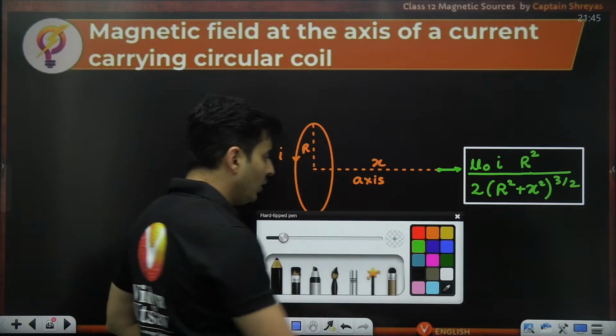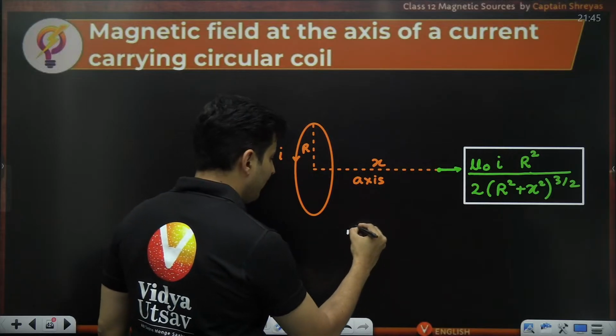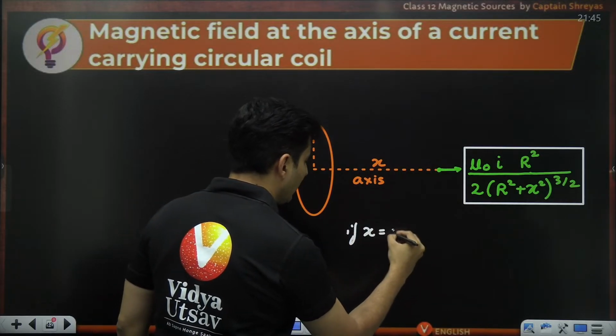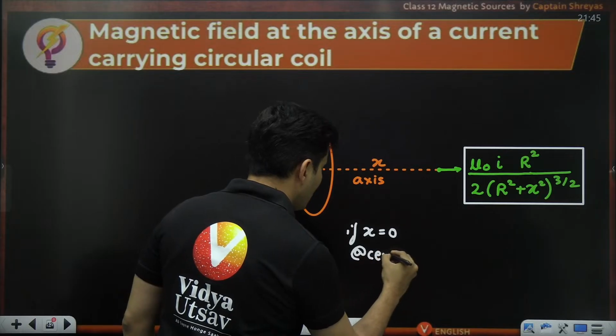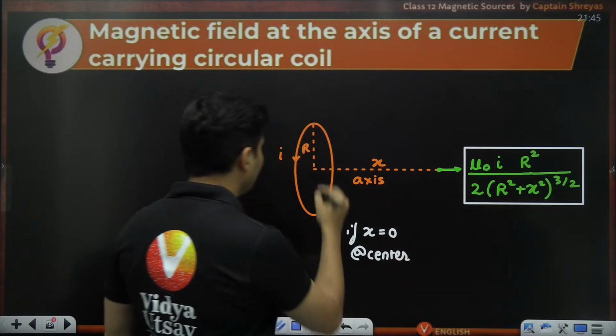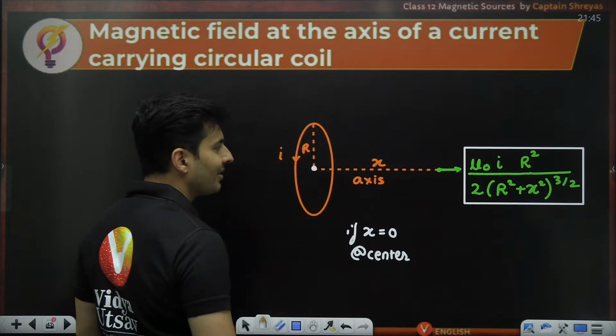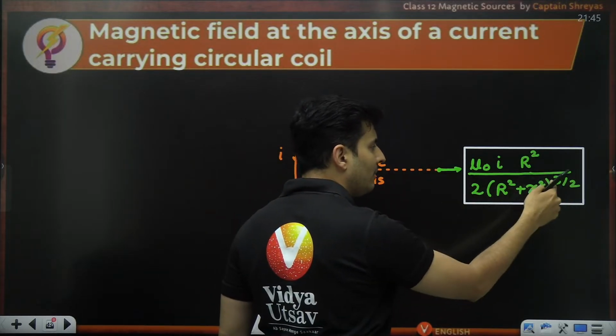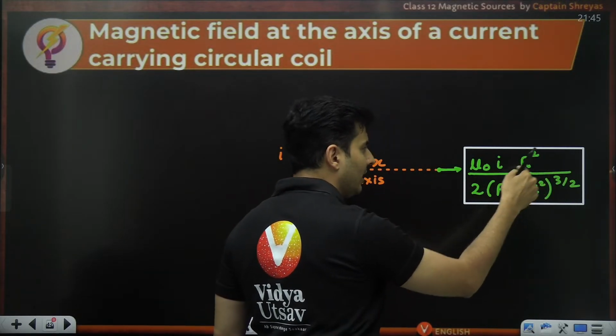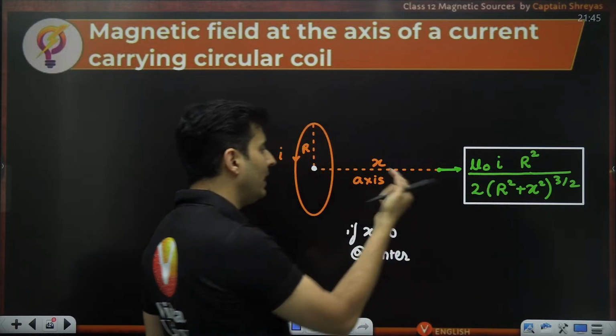See, in the same formula, if x is 0, that means you are at the center of the coil. If you substitute x as 0, r square raised to 3 by 2 will become r raised to 3. R raised to 3 and r square will cancel. You will get mu naught I by 2r.